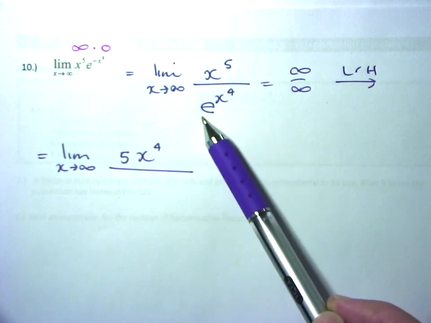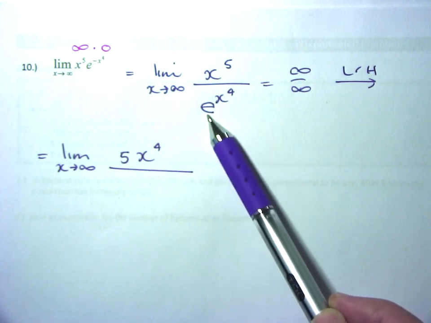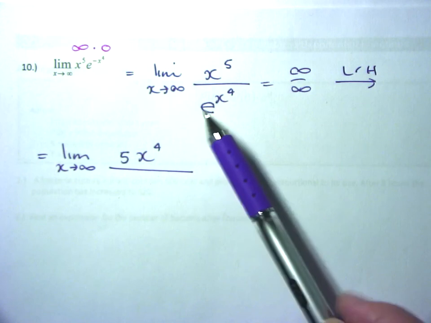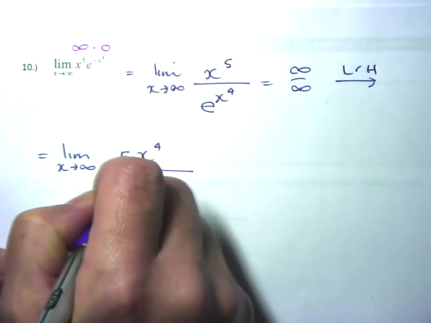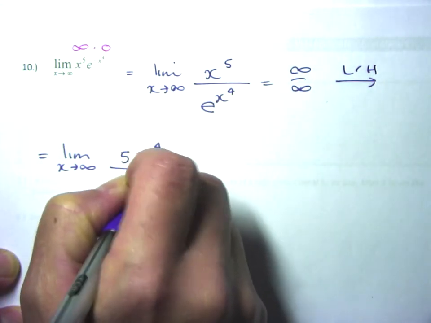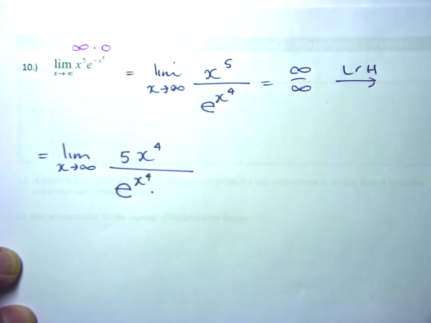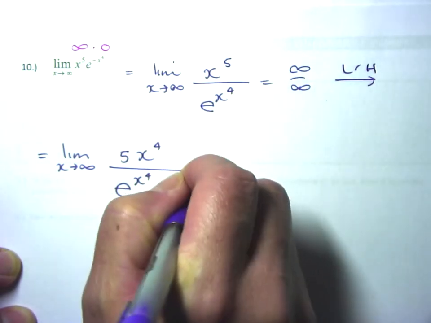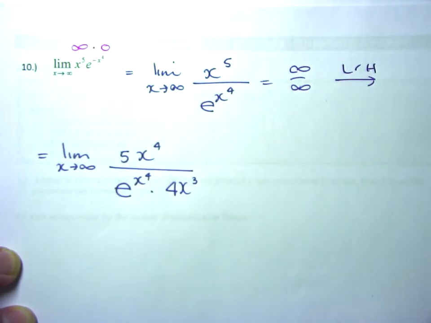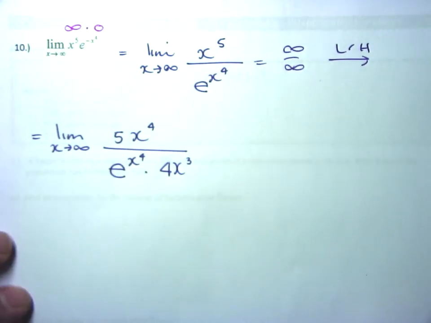The derivative of e to the x is e to the x. The derivative of e to a power is e to that power, times the derivative of the inside. The derivative of x to the power 4 is 4x cubed. And again, clean up your algebra before you proceed with your calculus.